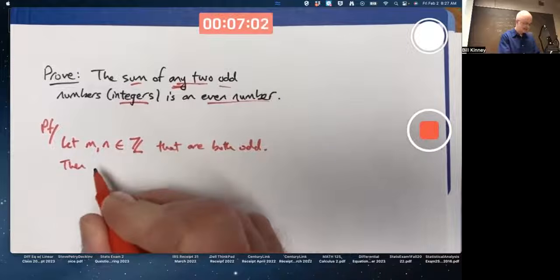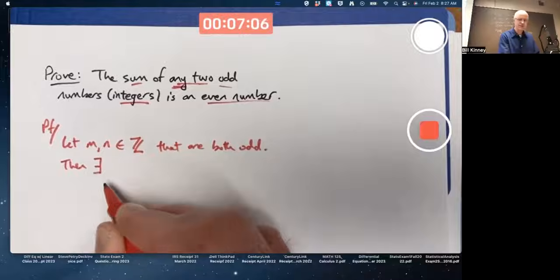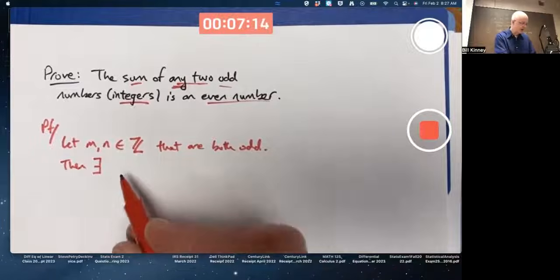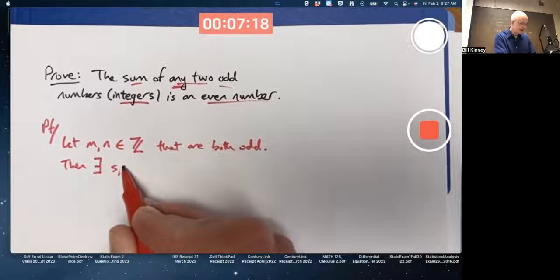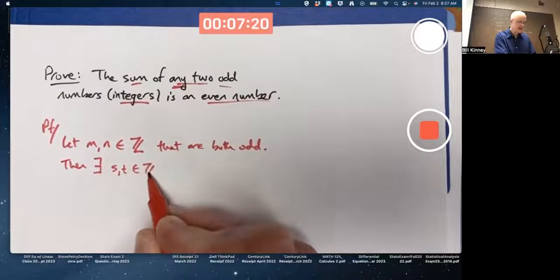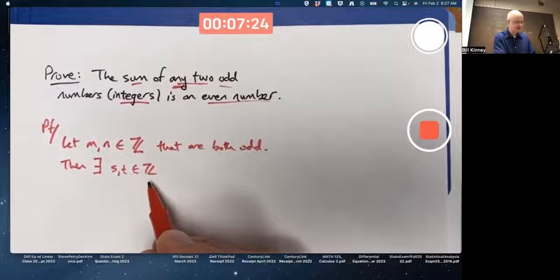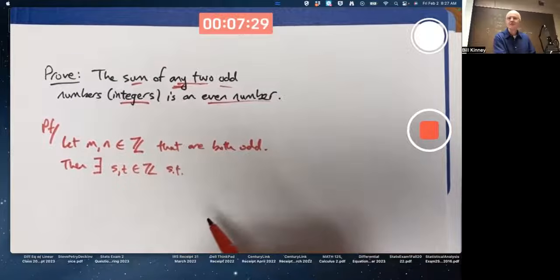There exist some other integers. Oh, so many fun symbols in math. Backwards E means there exists. Isn't that fun? There exist some other integers. What should we call them? Well, don't call them m and n. Oh, I don't know, s and t. They are integers, so they are elements of the set of integers, ℤ, such that, which I abbreviate s.t. There are lots of such thats in proofs.